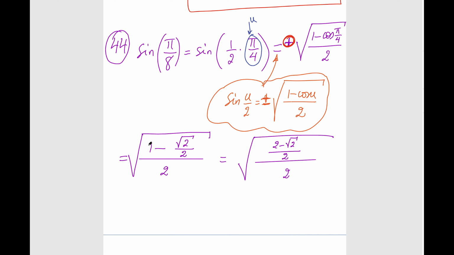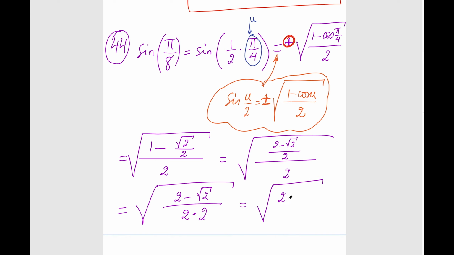How did I get that? I made the 1 as 2 over 2, and I glue them together. This is of the form a over b, and the whole thing is over c. We discussed this above. This is simply a over b times c, and 2 times 2 is 4. So we get the square root of 2 minus square root of 2 divided by 4.